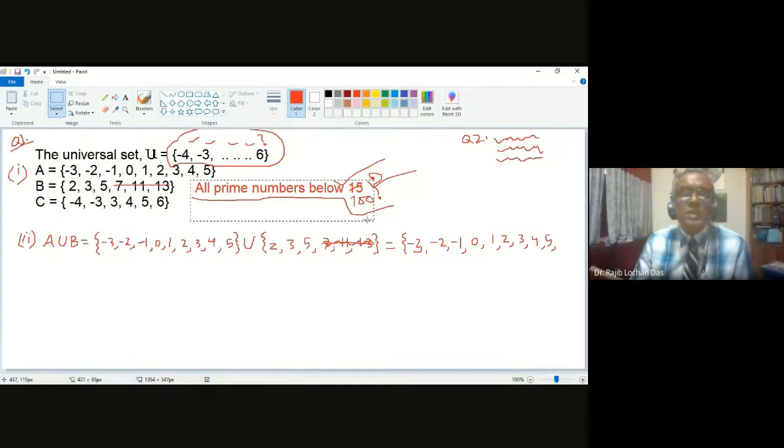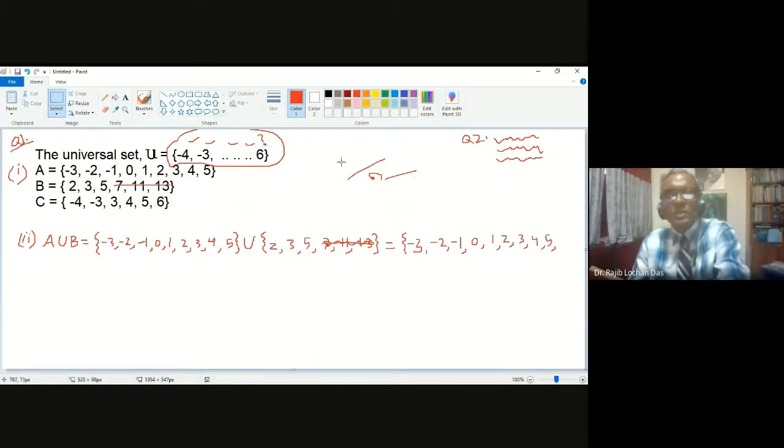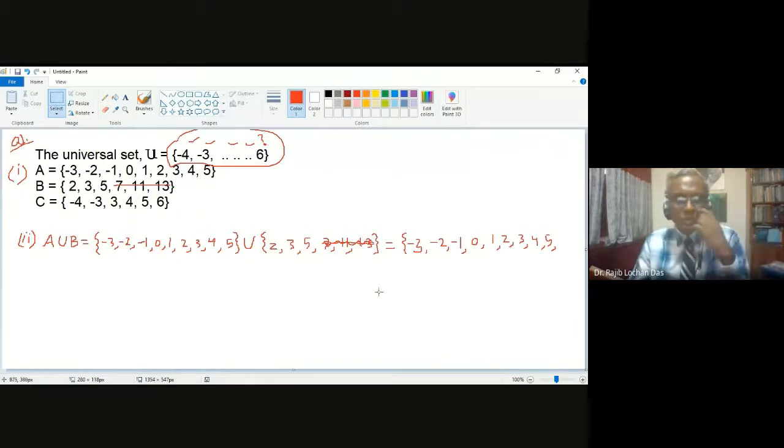Now let us continue with the next part of the question. Next, you find out the union. So now you understand what the union elements should be: -3, -2, -1, 0, 1, 2, 3, 4, 5, and complete. This is the union.